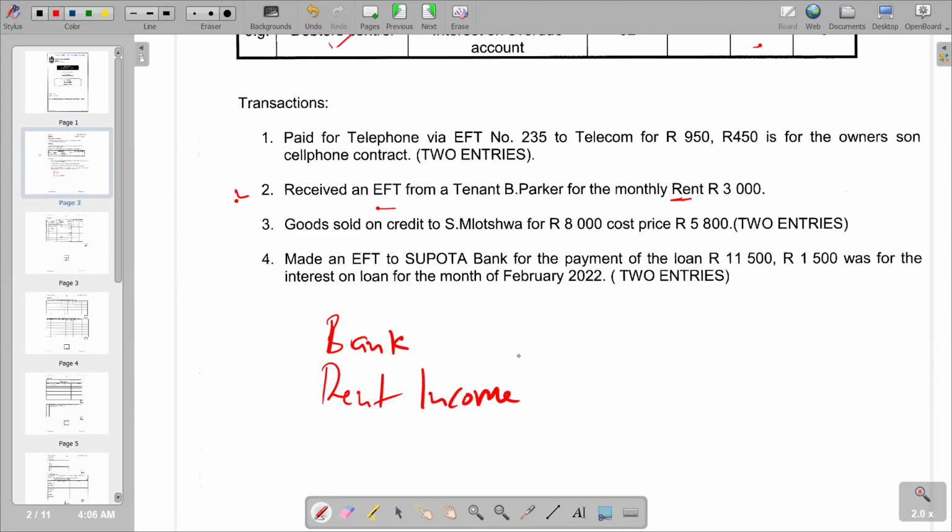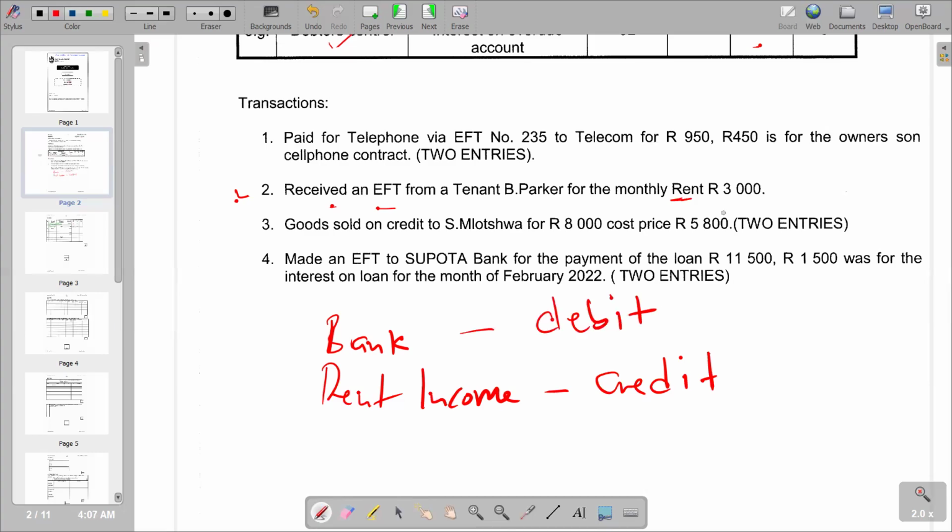So in terms of which one do we debit and which one do we credit, remember whenever there is an income, we are supposed to credit. So we have a credit on our rent income, as income is credited. Then we also see that we are receiving funds. Obviously, we are receiving money, so bank is going to be debited. So the corresponding entry is a debit on bank.